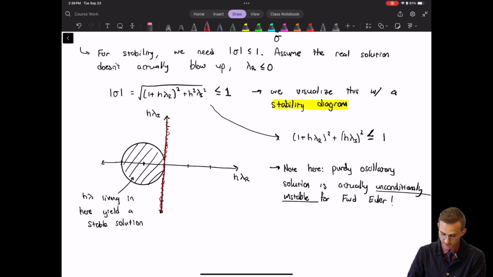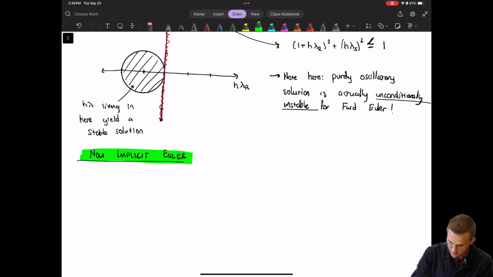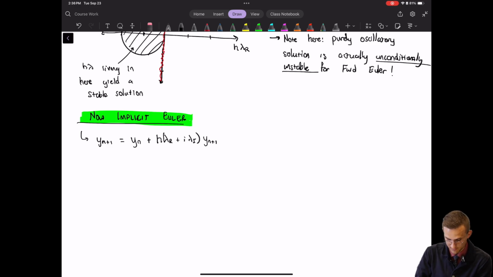Okay, so now let's look at what implicit Euler looks like, right, using this analysis. Now, implicit Euler has different behavior where y n plus 1 is y n plus h times lambda r plus I lambda I times y n plus 1, right?